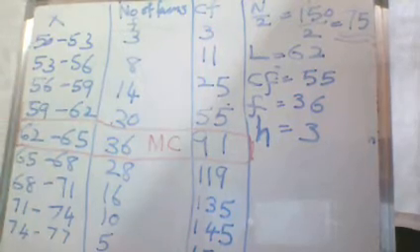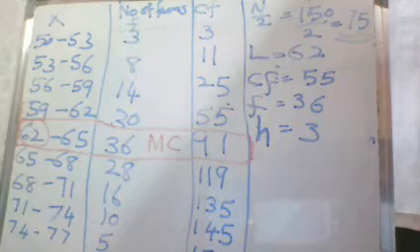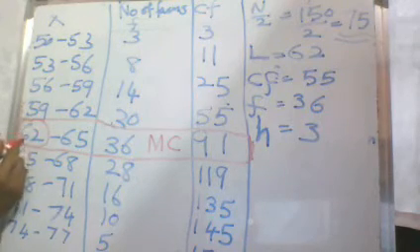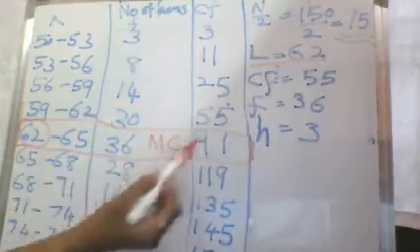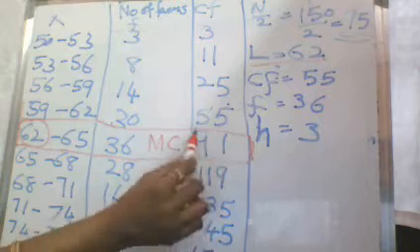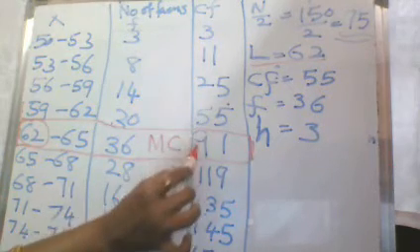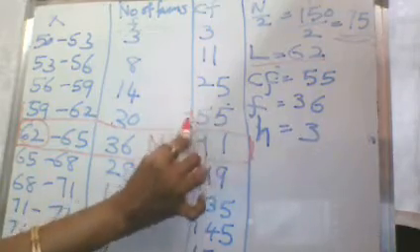From that median class we need to find the lower limit. What is the lower limit? 62. Then L is 62. Next, we need to find the cumulative frequency of the preceding class. That one is 55.